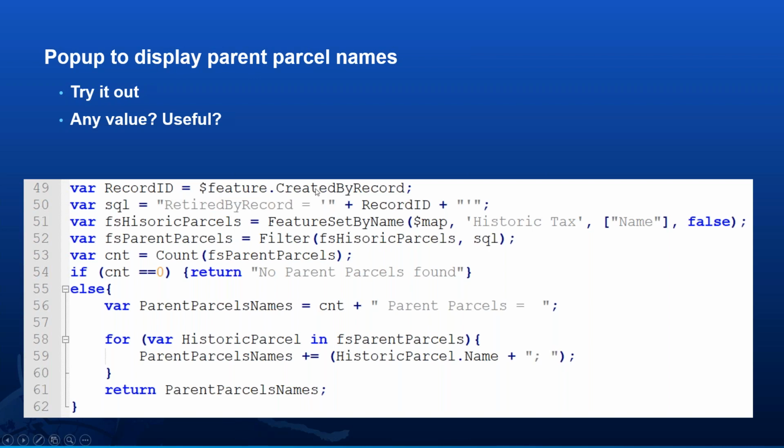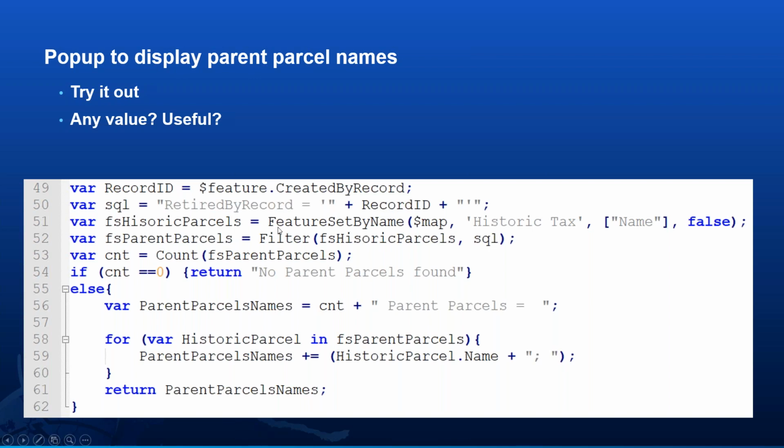So this gives you the global ID of the active record that created a given parcel that you are going to click on. The SQL is we are looking for parcels that have retired by record that equals that record ID. So we're constructing the SQL query to find all the parcels that have that record ID retired by.